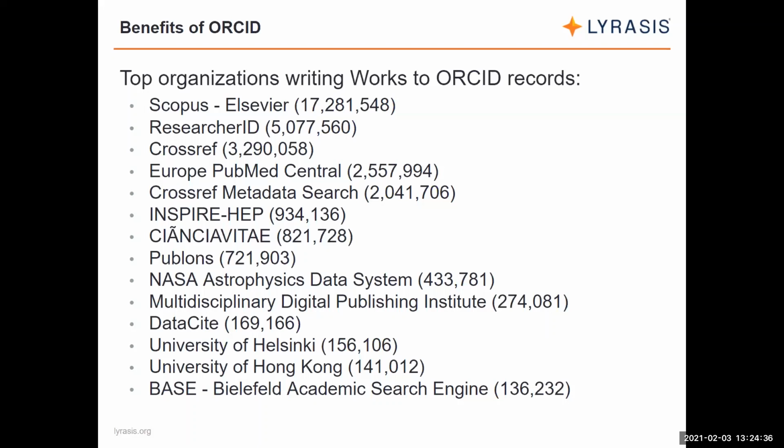The NASA Astrophysics Data System is on there. We've got some universities on this top 10 list as well. This is just to give you an idea of the sheer number of works that organizations have been writing to ORCID. But of course, organizations can add all of the different data elements to ORCID. It just depends on what makes the most sense for your organization.